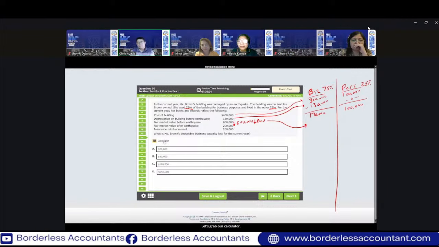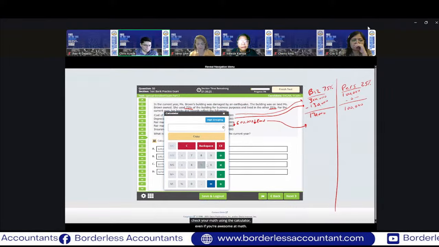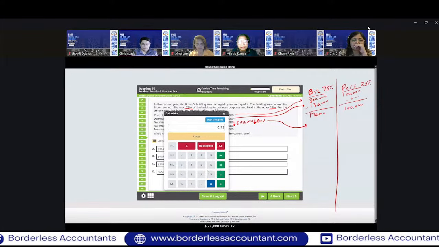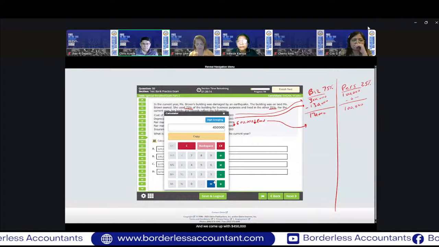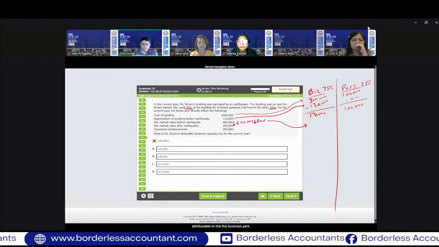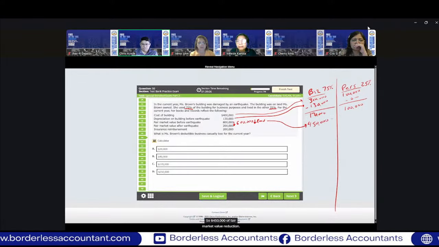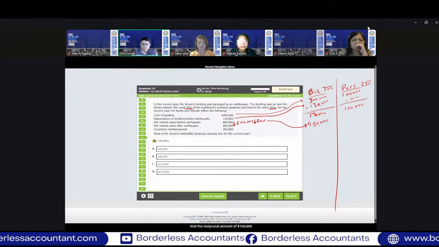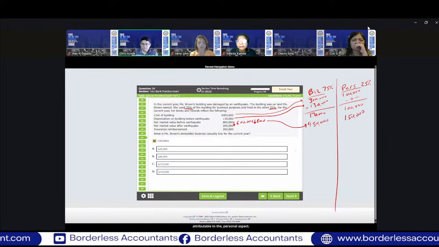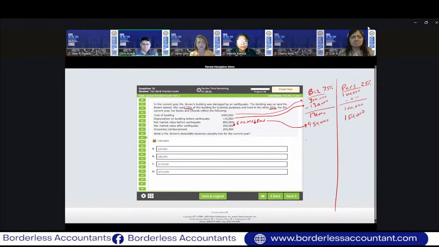Let's grab our calculator, and you should always double check your math using the calculator, even if you're awesome at math. $600,000 times 0.75 comes to $450,000 attributable to the business part, and the reciprocal amount of $150,000 attributable to the personal aspect.